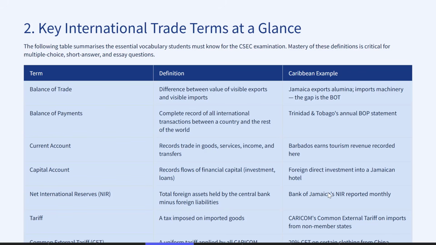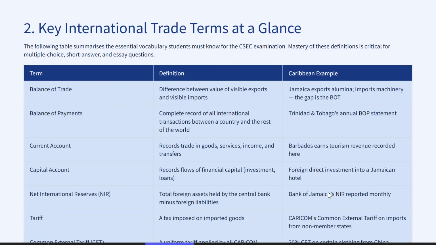So a company in Trinidad buys a building in Barbados for their business. That would be foreign direct investment. Portfolio investment, so buying and selling shares.